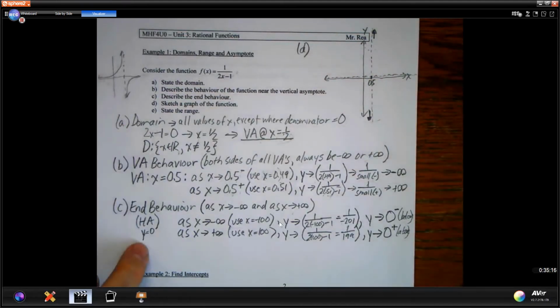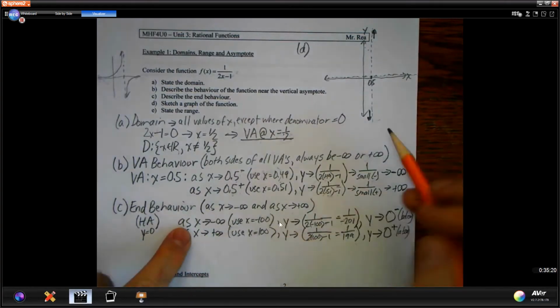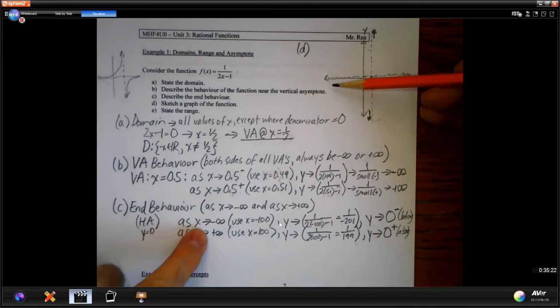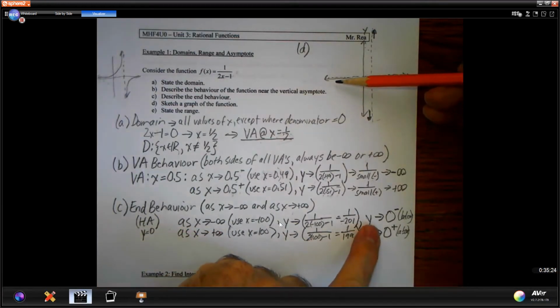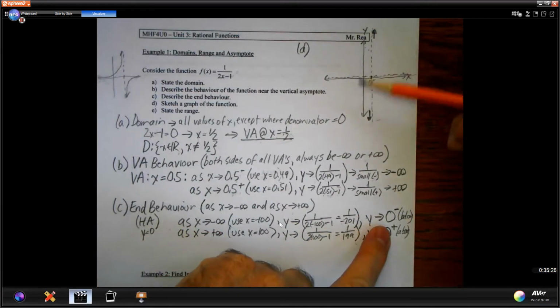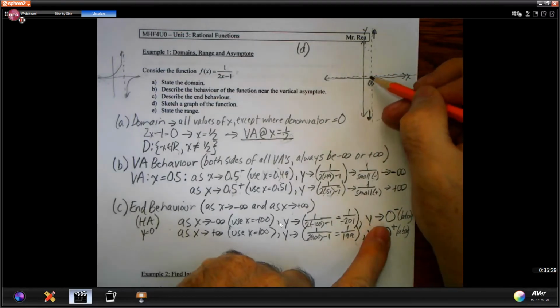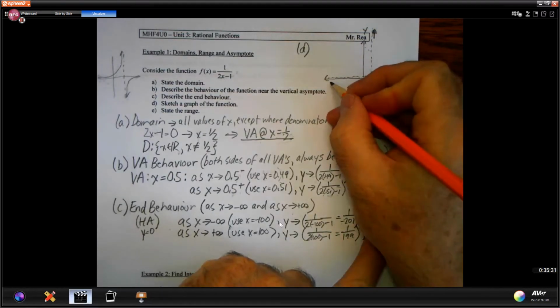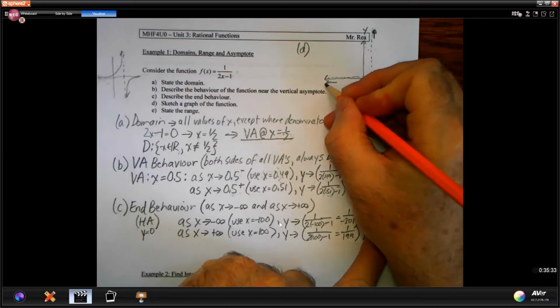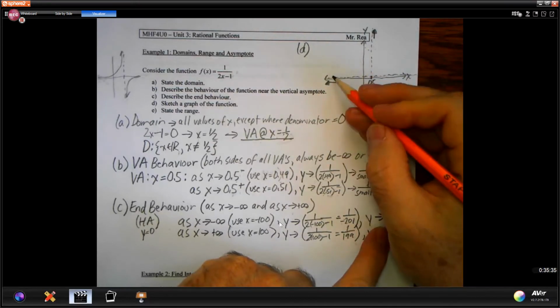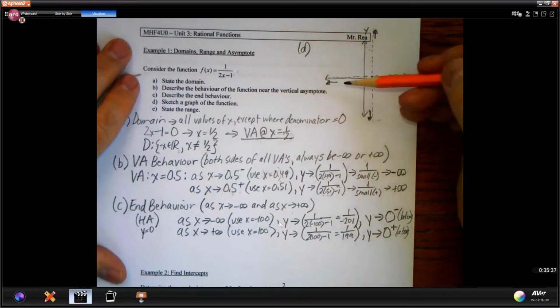Okay, so what are we going to use from this? We're going to use the end behavior. So as x gets more and more negative, y approaches 0 from below. So as I'm coming this way, y is coming from below. So I'm going to put a little arrow below the horizontal asymptote on the negative side.